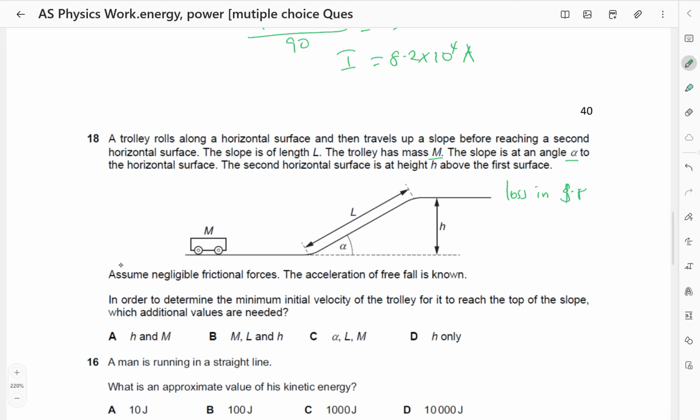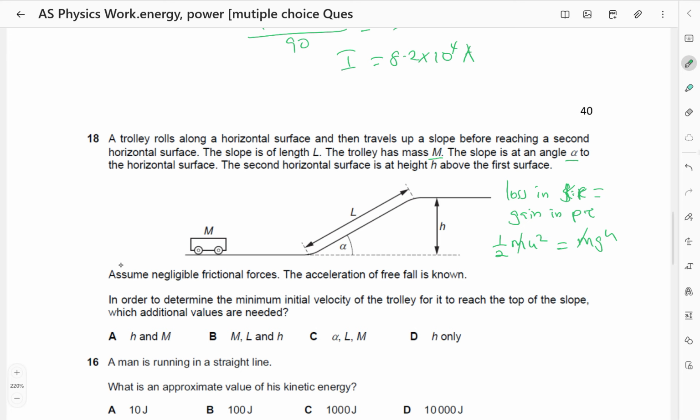The loss in kinetic energy, a half m u squared, should be equal to the gain in potential energy, which is mgh.